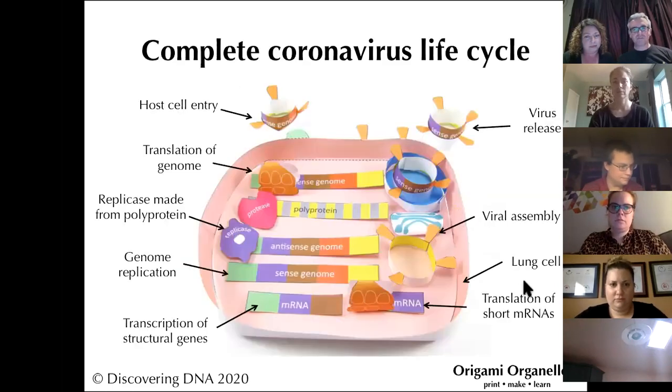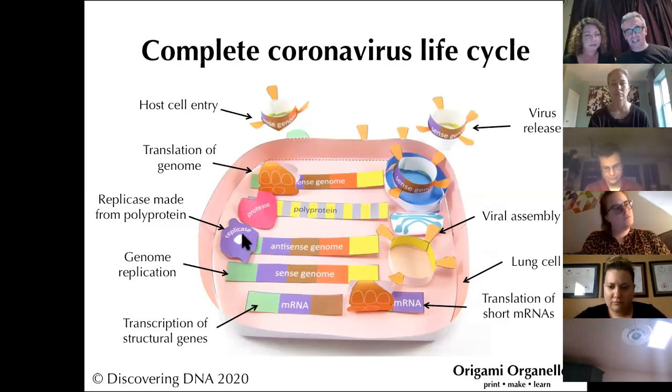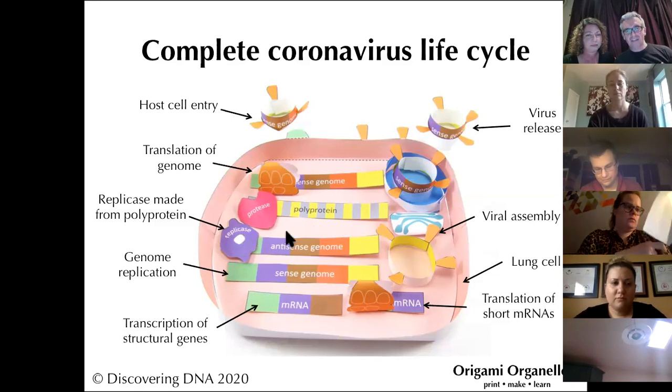So just to recap, we started off with, I'll just use the cursor, we started off with it entering the host cell, you can see me pointing, and then the genome was translated, so we've got translation. Protease then digested the polyprotein that's produced, and it turned it into replicase, and some of the host cell proteins are involved in that. And then it made an antisense genome, which became the template to make the sense genome.